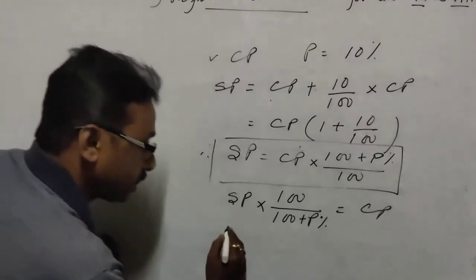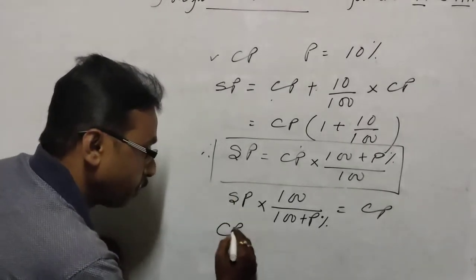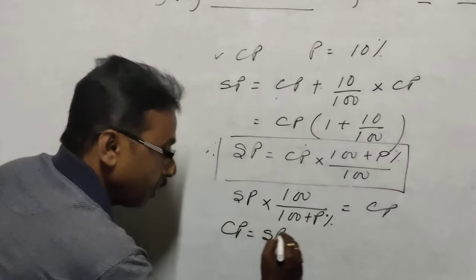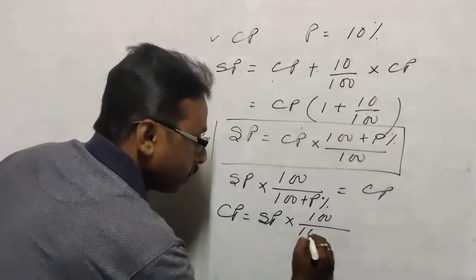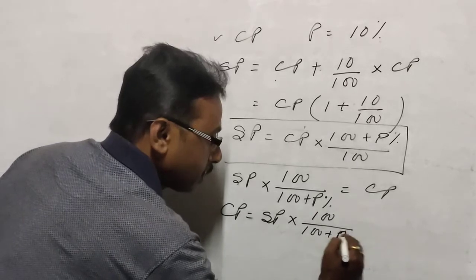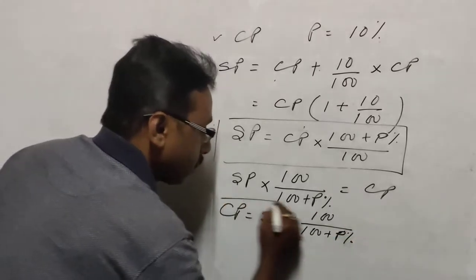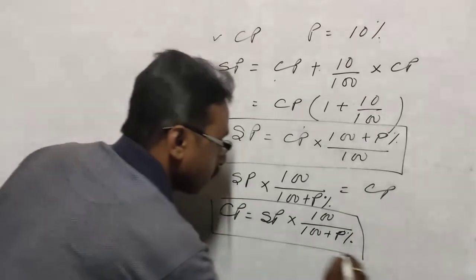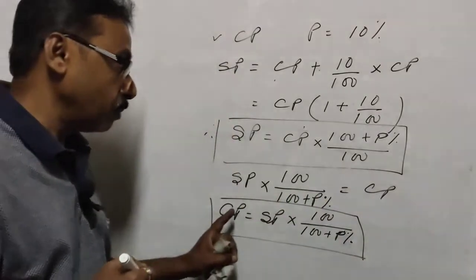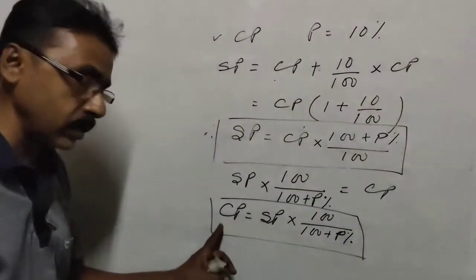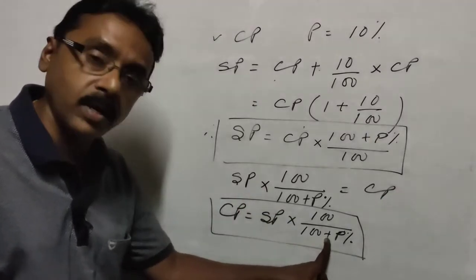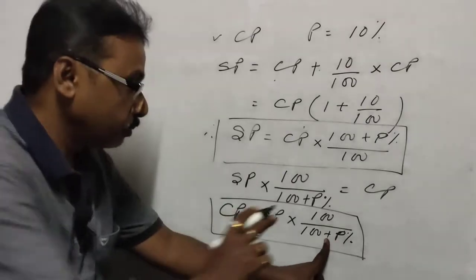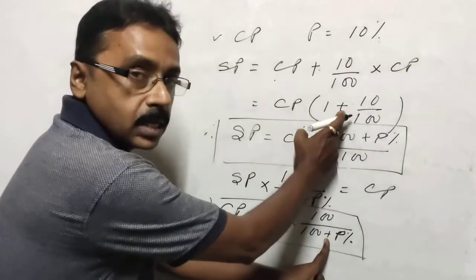So we have the formula for CP. CP equals SP into 100 by (100 plus profit percent). So that is the formula to find out the CP. Directly by using this formula we can find out CP. Now if there is loss, then again here in place of this we will write minus loss, because this will be minus.